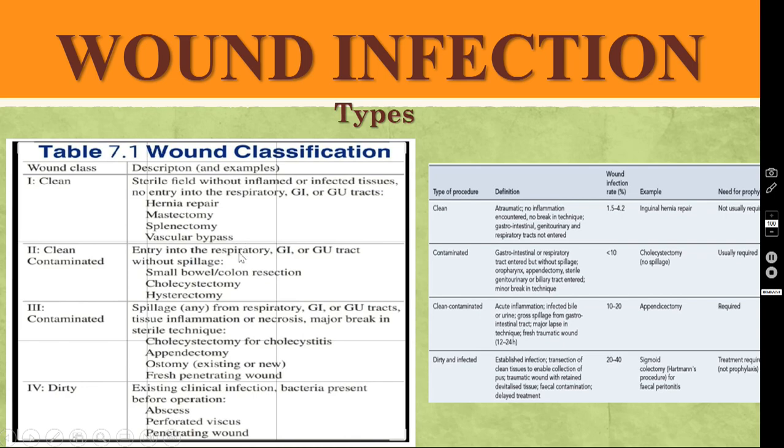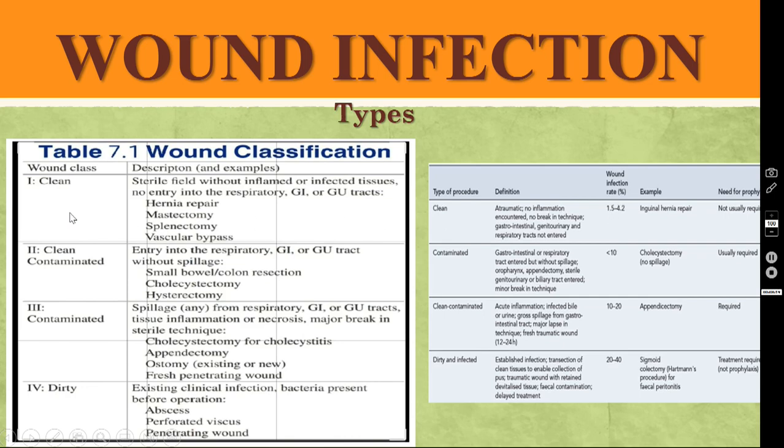In all these surgeries, we are not entering into the respiratory system, GI system, or genitourinary system. So these wounds are not likely to get infected. Normally, the chance of wound infection is only 1.5 to 4.2%.